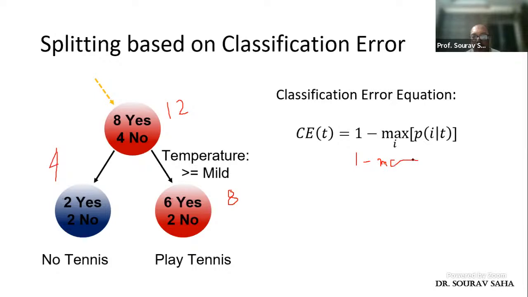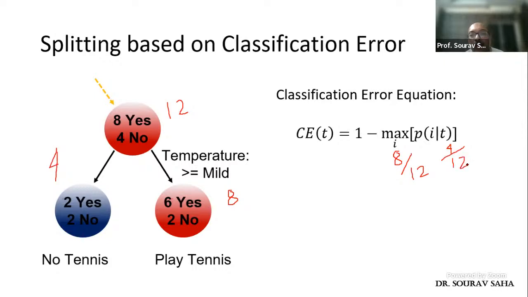If I see the two classes which are present, the yes class is 8 by 12 and the no class is 4 by 12.